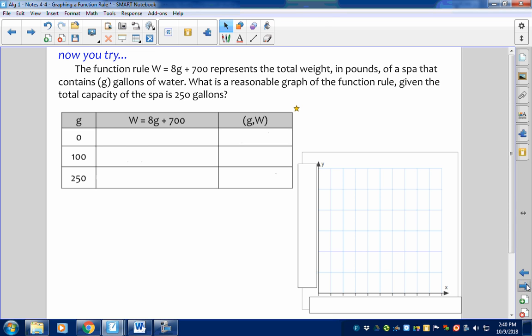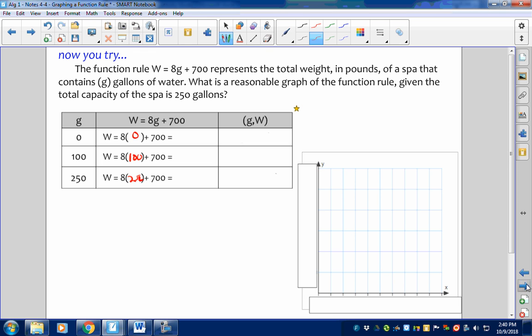So if we fill this in, we have 0, 100, 250. If you used 125, I wouldn't argue with you. I think that's what I actually used when I did it. This is 700. This is 1500.